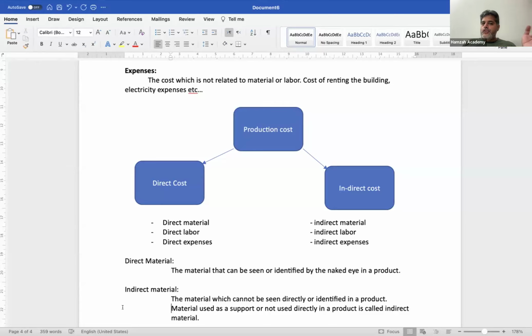Similarly, the iron frame which you look at over there has been welded, and the welding wire, the wire used during the welding, is the indirect material. Similarly, there are nuts, screws, and nails in the chair as well, which have been used in assembly or in joining. That cost is over there, so that is the indirect material as well.